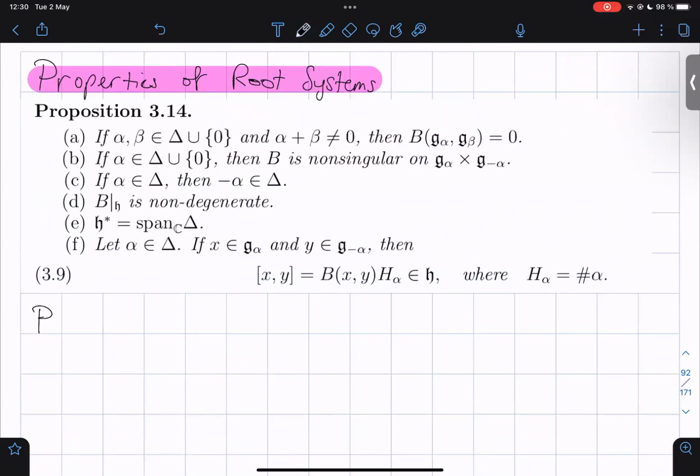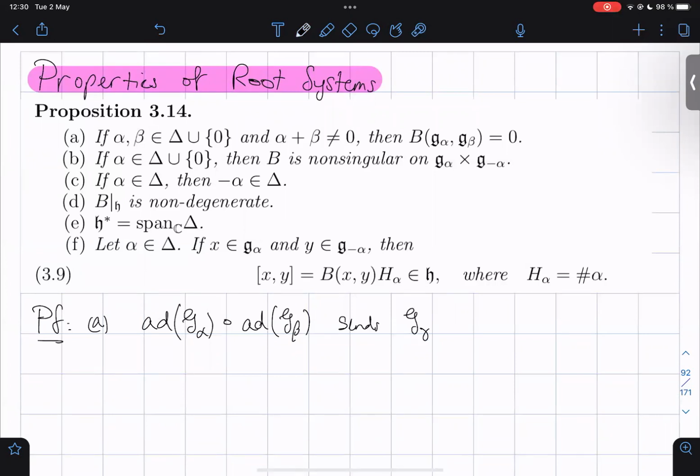For the first one, remember what the Killing form does. It takes something in this space and something in this space, and then you're supposed to take a trace. So what is this doing?